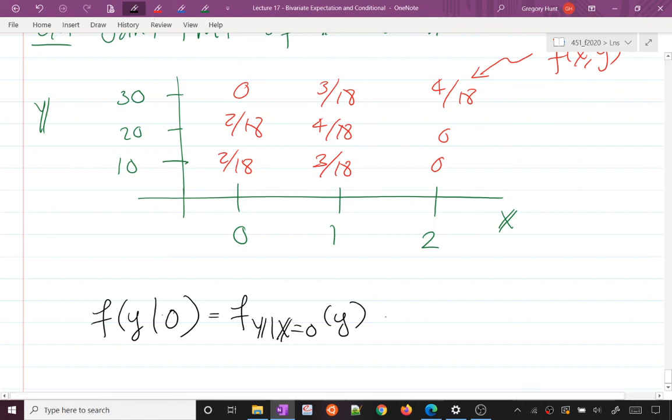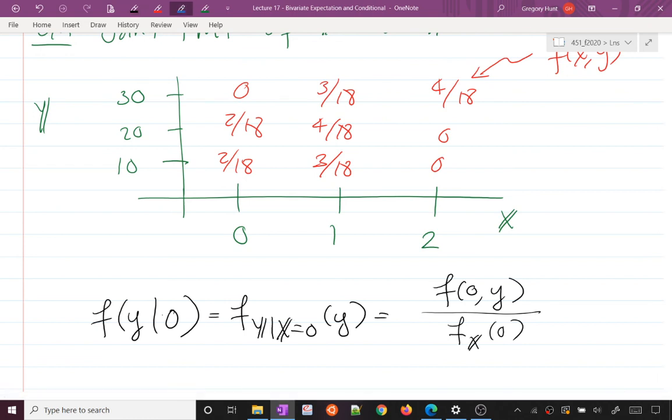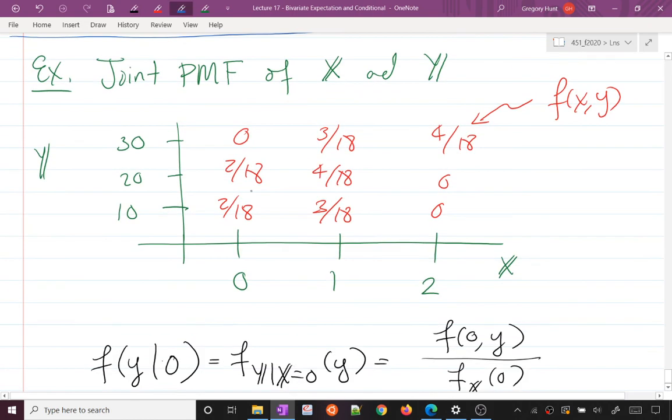So what do I need? This is going to be the joint of x and y, where x is 0, over the marginal of x at 0. So I need to get the marginal of x. How do we get the marginal of x? I sum across my columns.